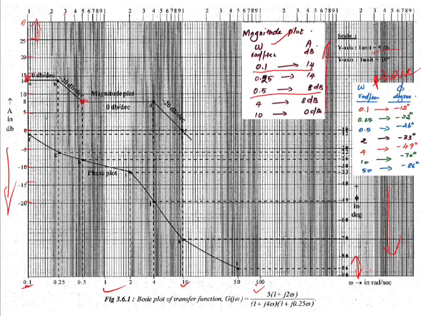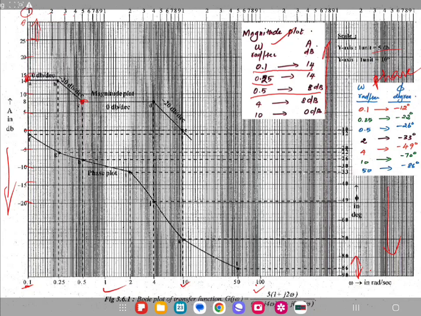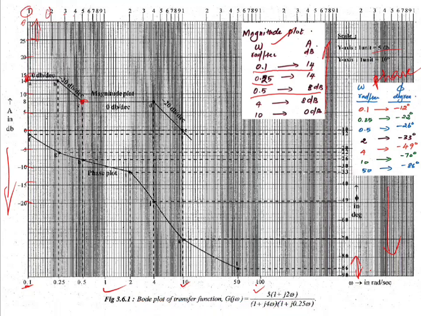But in between 0.1 and 0.5 we have 0.25. 0.25 is definitely, this is 0.1, this is 0.2, and it should be in between 0.2 and 0.3. So somewhere here, and the gain value is 14 dB. So this is the 14 dB one. Okay, fine.